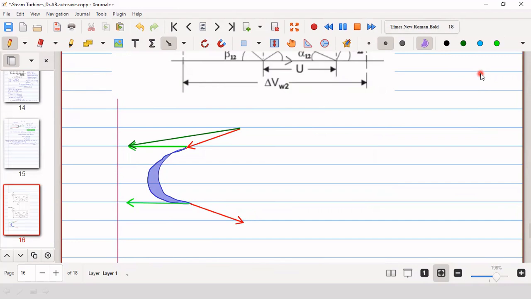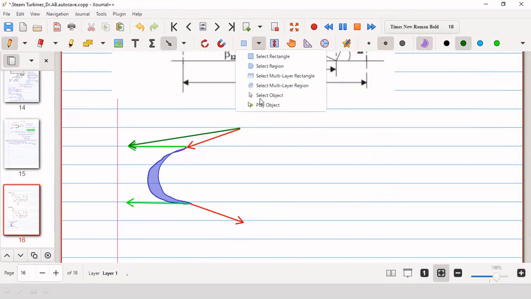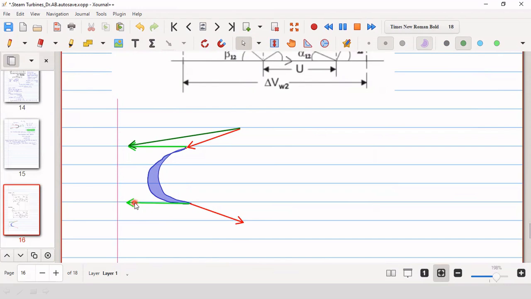And then the absolute velocity will be, so if you move it here, or if you move the steam velocity, that is relative velocity, either of them you have to move.